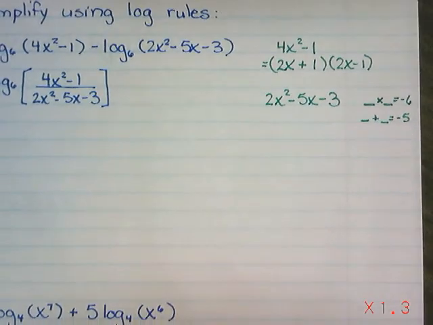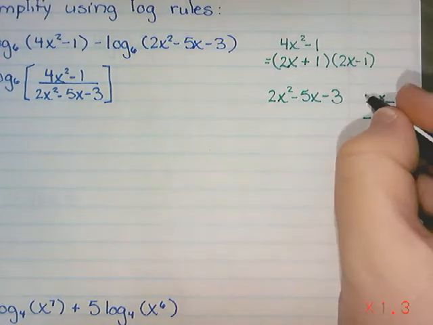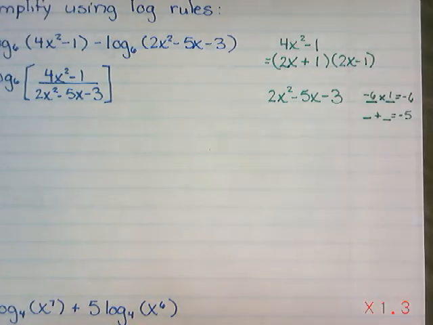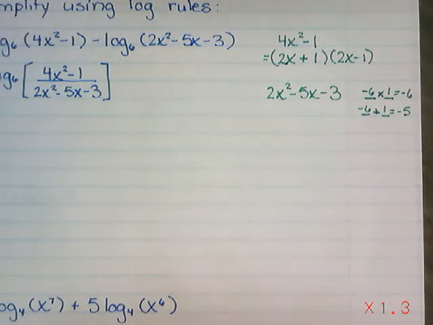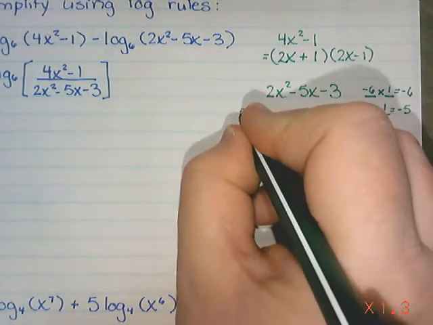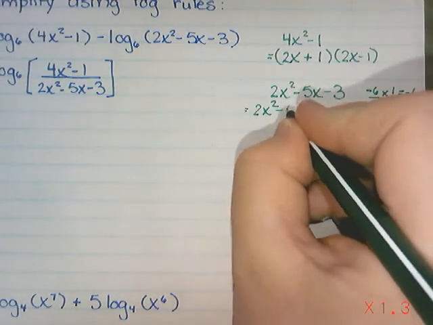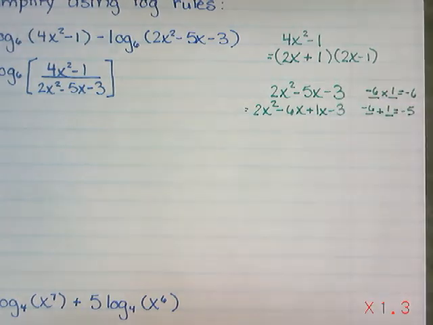Things that multiply to negative 6 would be 1 and 6 or 2 and 3. To get a negative 6 and a negative 5, it's going to have to be negative 6 and positive 1. Negative 6 times positive 1 gives negative 6 and adds to negative 5. So this is going to be 2x squared, take away 6x, plus 1x, take away 3.